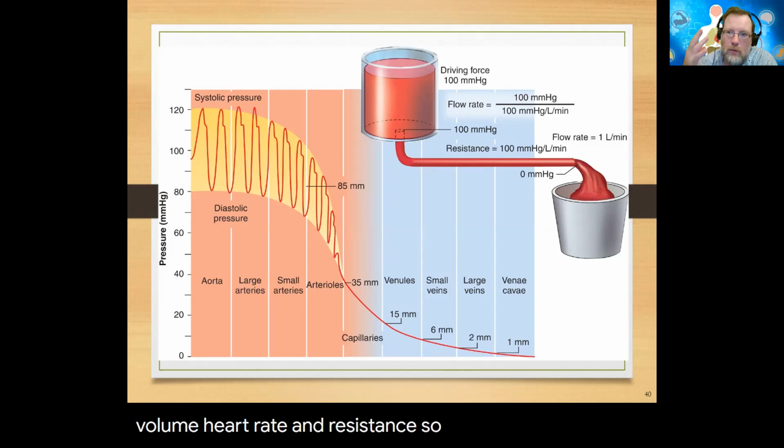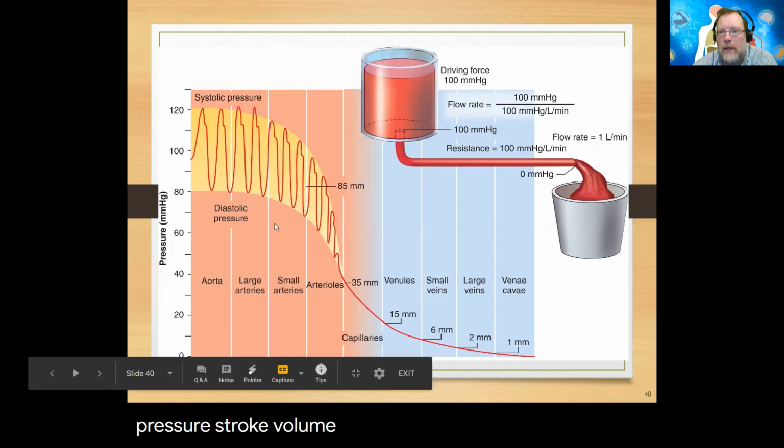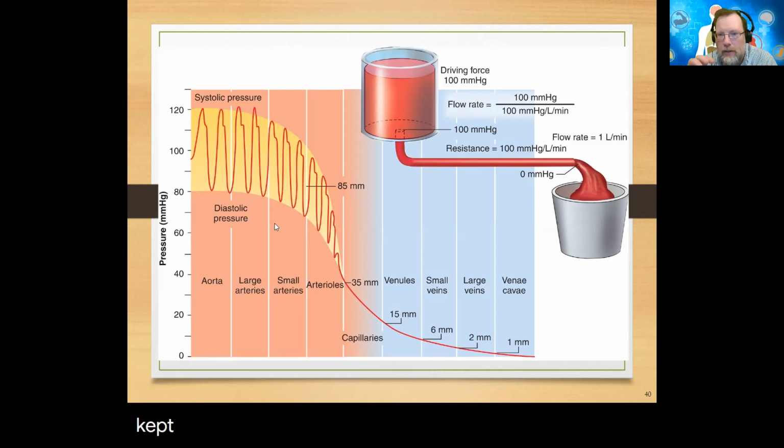So when we want to maintain blood pressure, we have to maintain those other 3: resistance, stroke volume, and heart rate. Stroke volume generally is kept in a small range, just like blood pressure. Stroke volume and blood pressure are generally kept constant as much as possible.